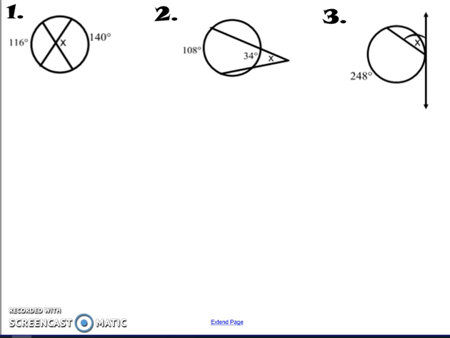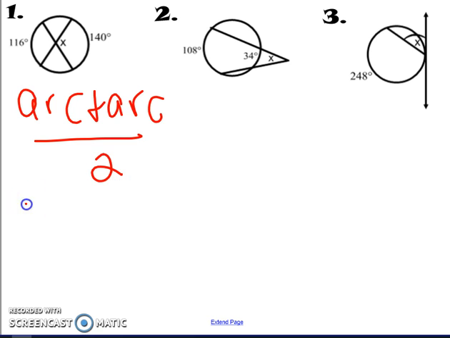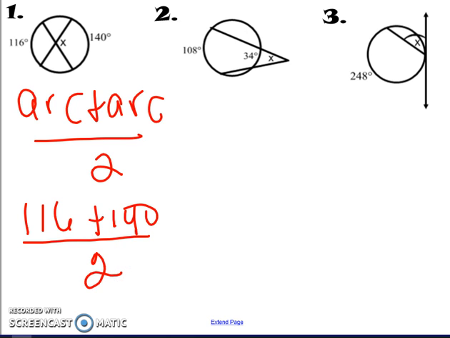All right, so for this one, our vertex is inside. So when it's inside, we're doing arc plus arc divided by 2. So we're going to take 116 plus 140 and divide it by 2. So that gives us 256 divided by 2.